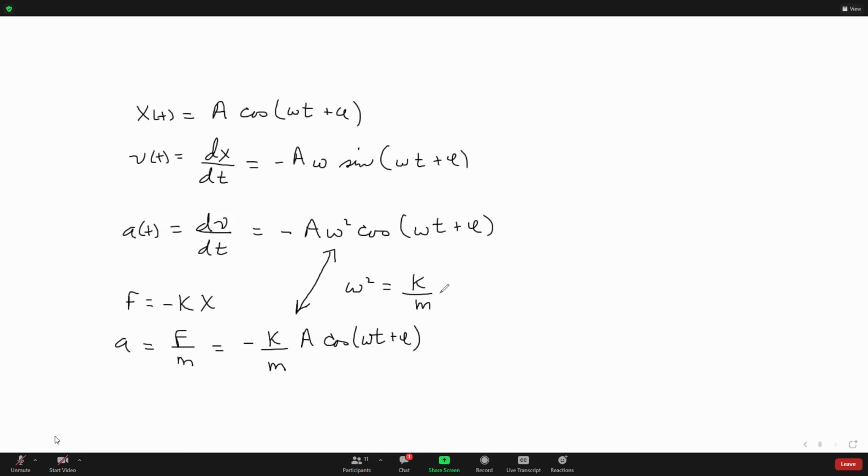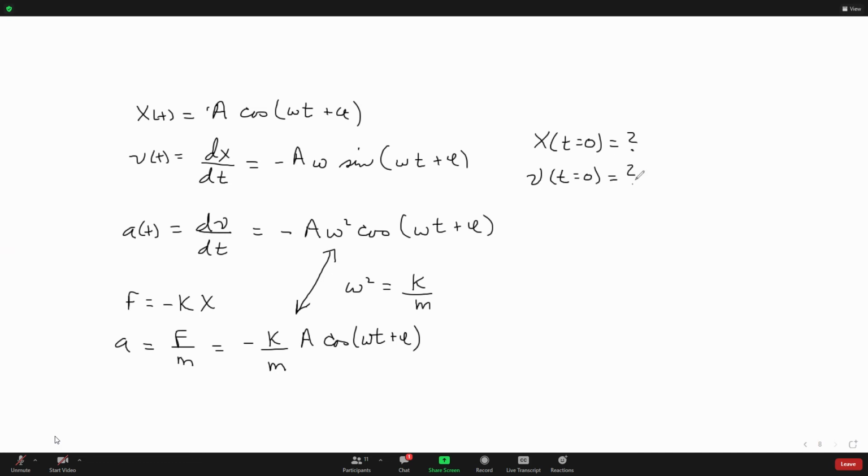Now, let's say that I know my solution is this, but I don't necessarily know A, and I don't necessarily know phi. In order to determine A and phi, I need to know two initial conditions. I need to know X at t equals 0, and I need to know V at t equals 0.